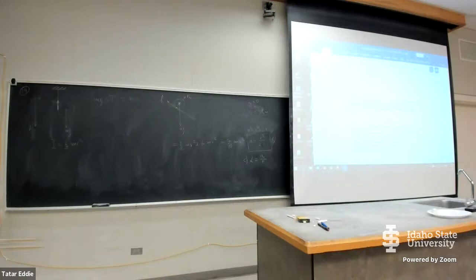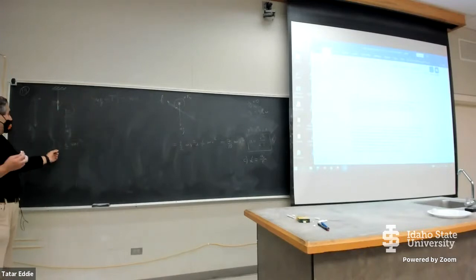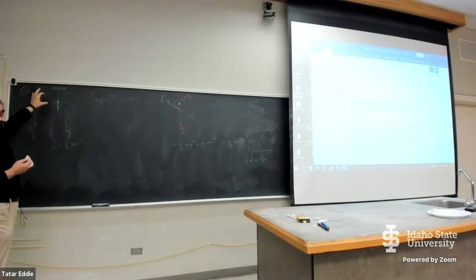The mass of the cylinder is given, the radius is given, so you have the moment of inertia. So you say that the net torque is equal to moment of inertia times angular acceleration. Let's see what is the net torque.